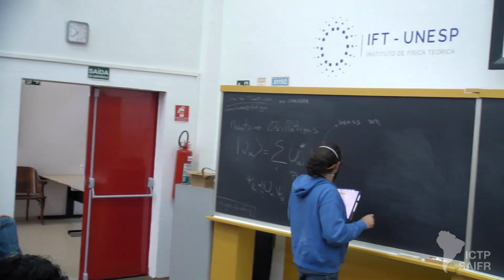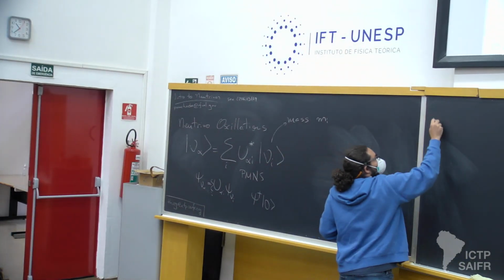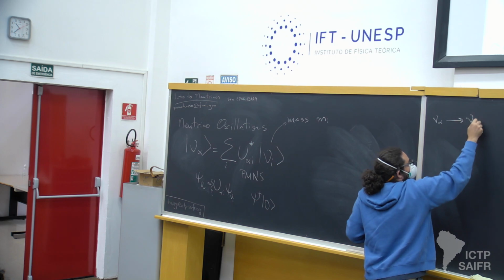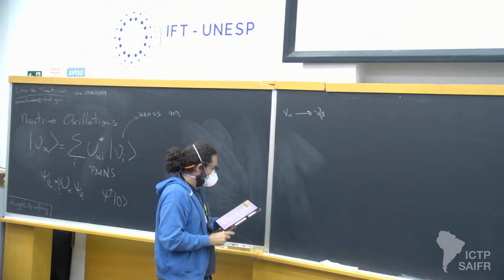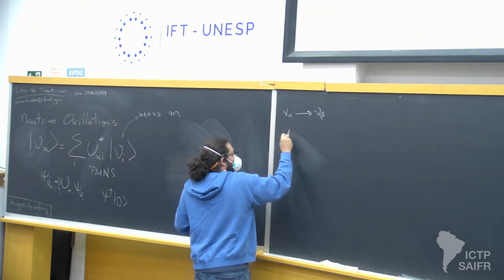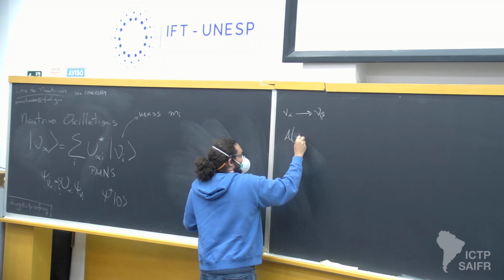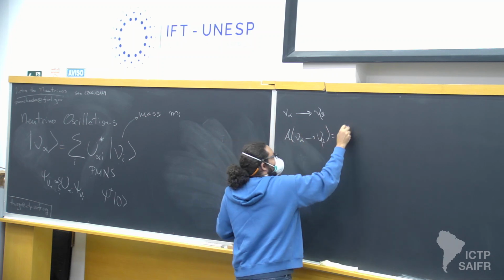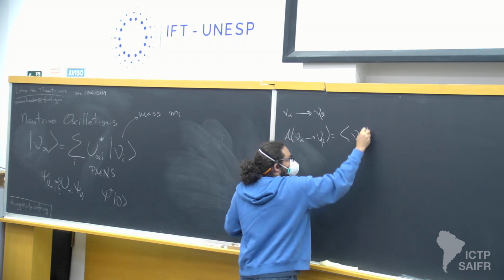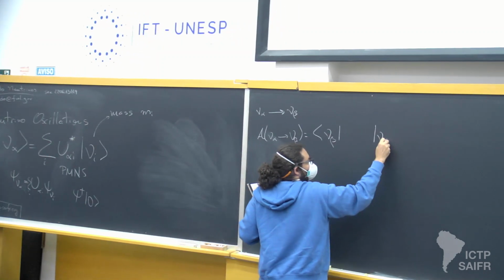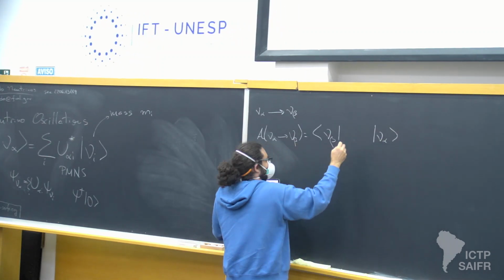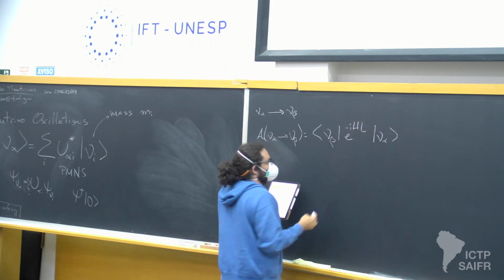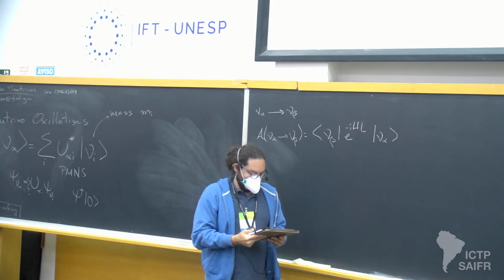So when you produce a neutrino alpha and you want it to propagate so that you detect the neutrino beta, you calculate this amplitude by simply doing the following: you detect neutrino beta, you produce neutrino alpha, and in the middle you just let the state evolve, and as you know well, the evolution of the state is given by the Hamiltonian.